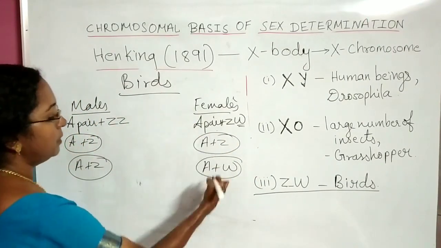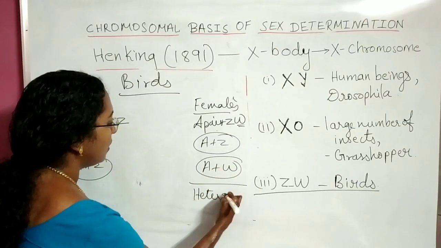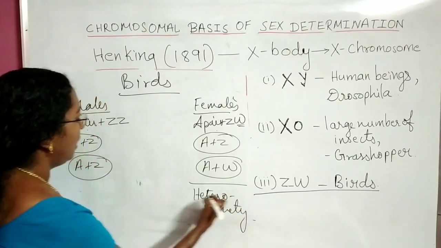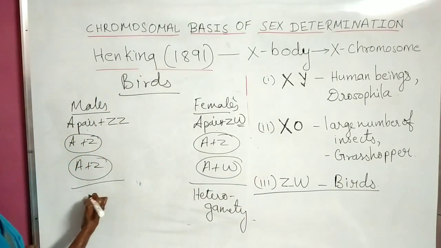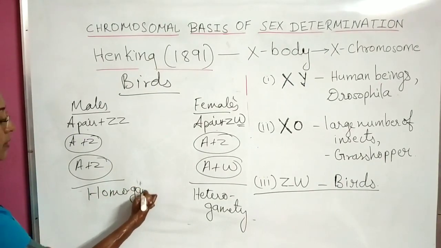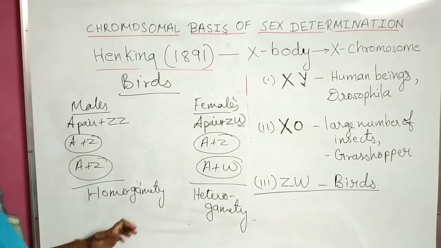So in the case of birds, females show heterogamety and males show homogamety. I hope it is clear.